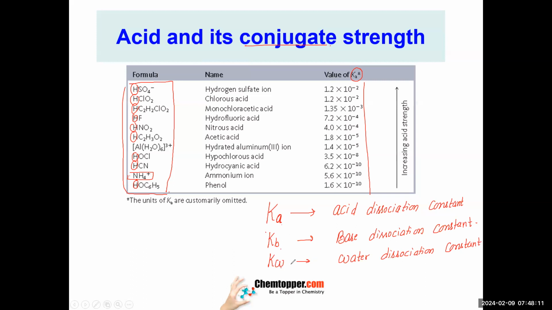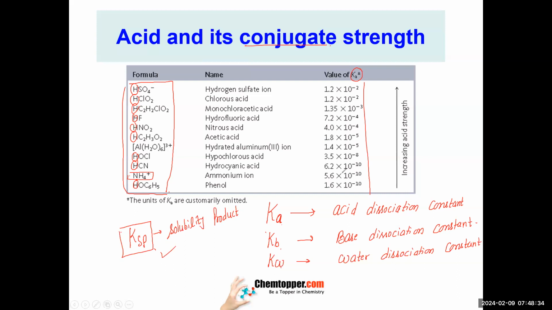If it is water, you call it Kw. You have already done this Ksp. You remember in unit 7, last part, we were doing solubility product. Saturated solution is in equilibrium, then you're calculating Ksp. This we have already done, right?